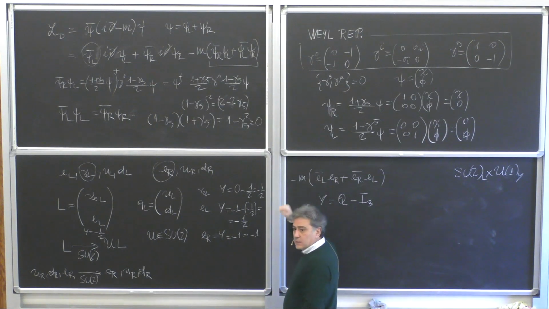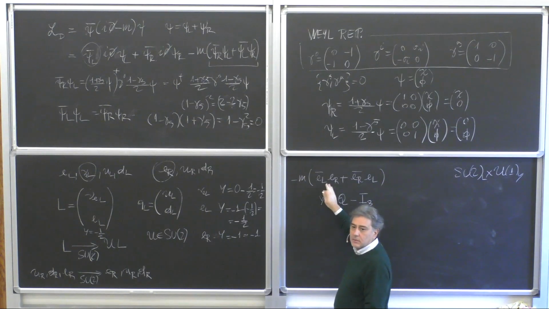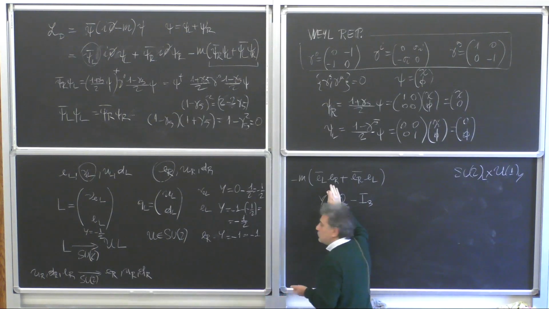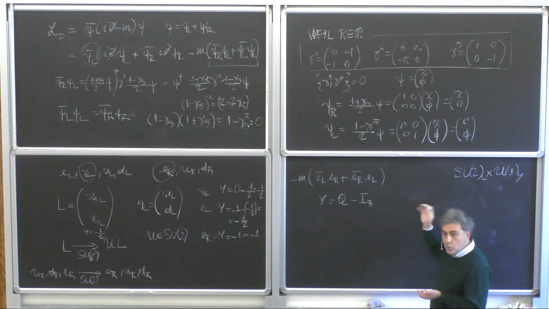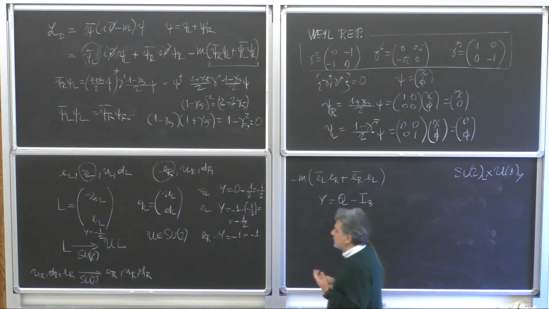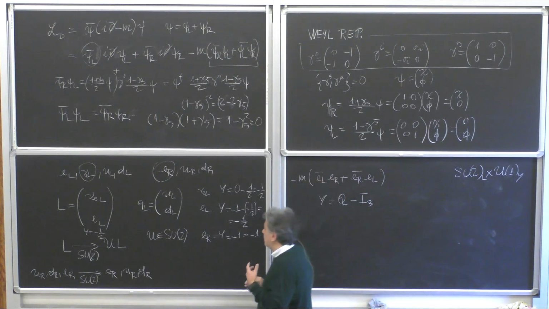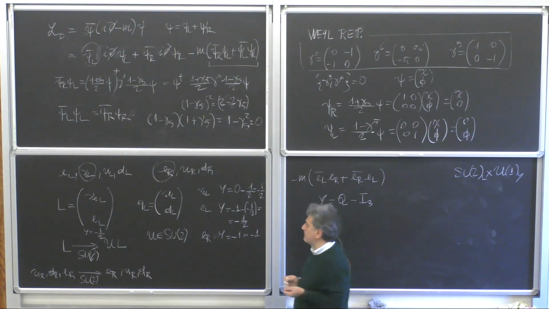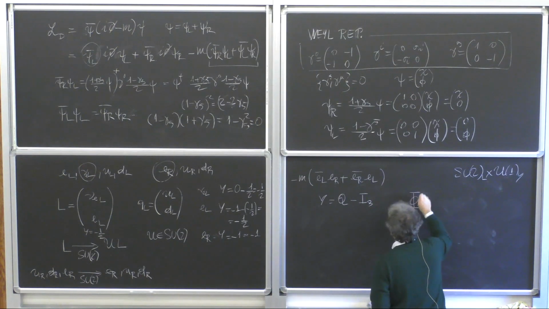The bar here contains a complex conjugate, so this is +1/2. So -1 plus 1/2 is not 0. So this is not good, both from the point of view of the SU(2) symmetry and from the point of view of the U(1) symmetry. We need to combine these terms with something that compensates for the hypercharge and for the weak isospin. And this is the Higgs field.